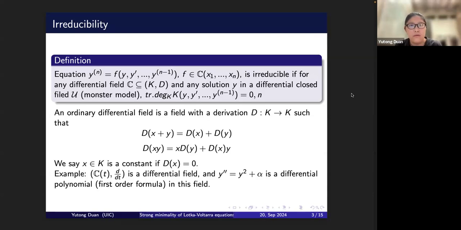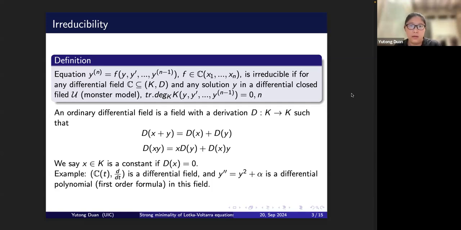If a differential equation y^(n) looks like that, and f is in C(x1, ..., xn), we say it is irreducible if for any differential field K that is an extension of the complex field, with D a derivation on that field, and any solution y in a differential closed field, I will explain this term later, and usually we mean it is a monster model in model theory, the transcendence degree of y to the (n-1)th derivative over K equals 0 or equals n.